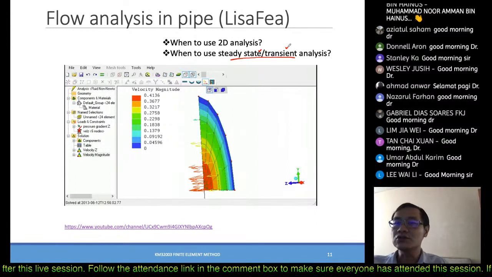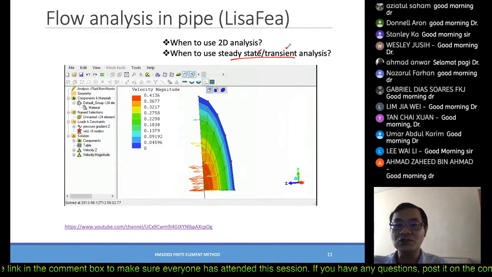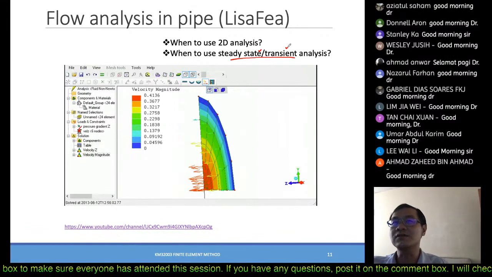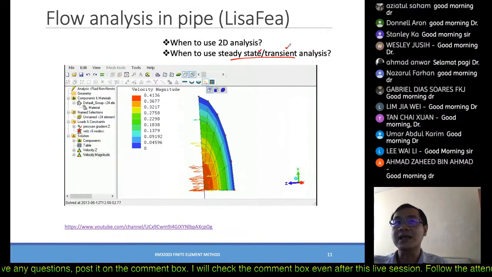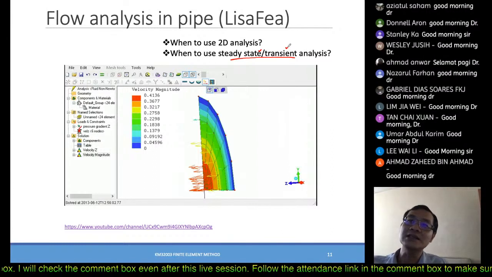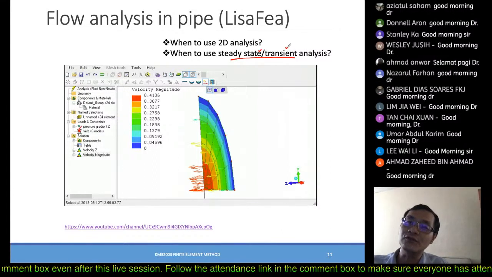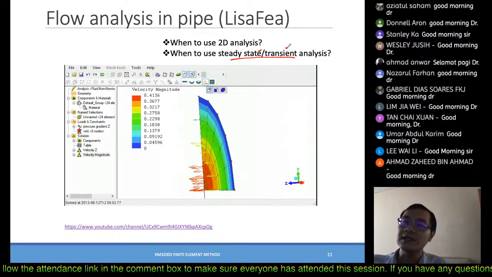So throughout the duration there is something changing. It can be changes in terms of the velocity input as well. Just like, suddenly you want to investigate, suddenly you open a valve, how the fluids actually move. Then you want to know the transient.